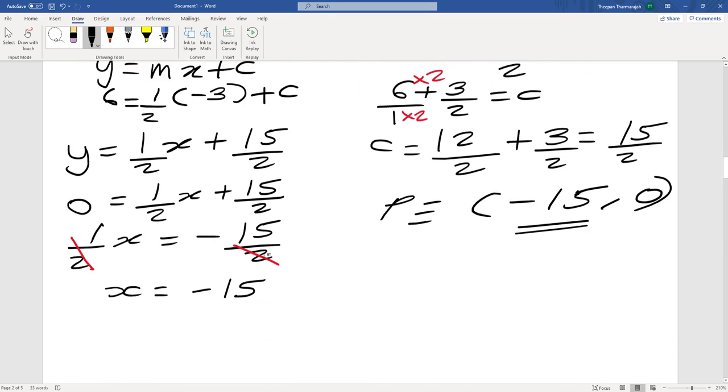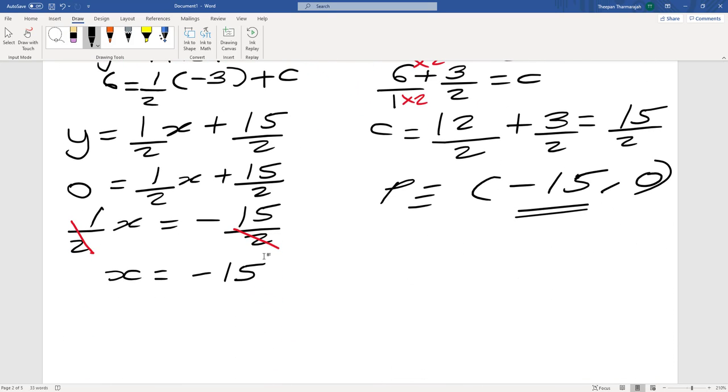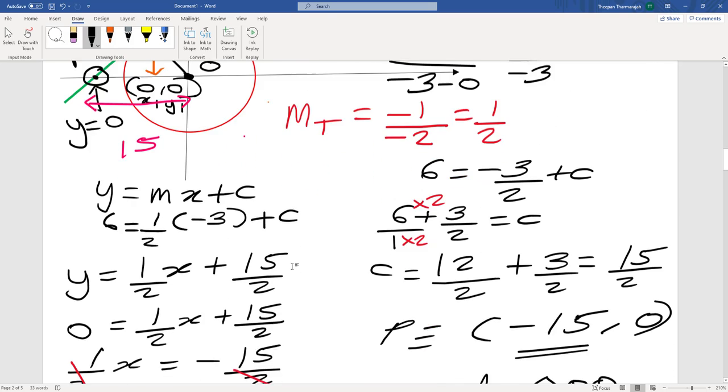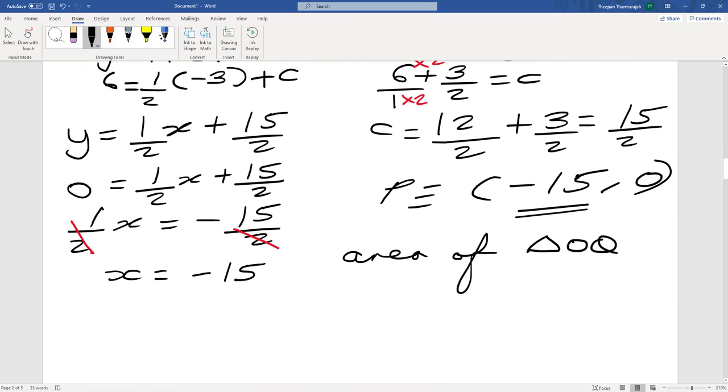So we can say that the area of triangle OQP, I believe, yes it is, is base times height divided by 2.